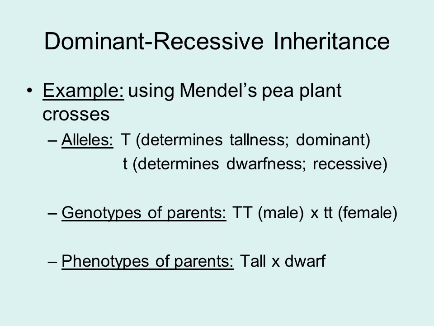So in this case, we're looking at tallness as dominant, so we're going to use the letter T. For a dominant trait, you're going to use a capital letter. For the recessive, you're going to use the lowercase version of the letter. So we're telling you that one of the parents, and we're just going to call it the male, is dominant. It's tall, and it's homozygous, so it's big T, big T.